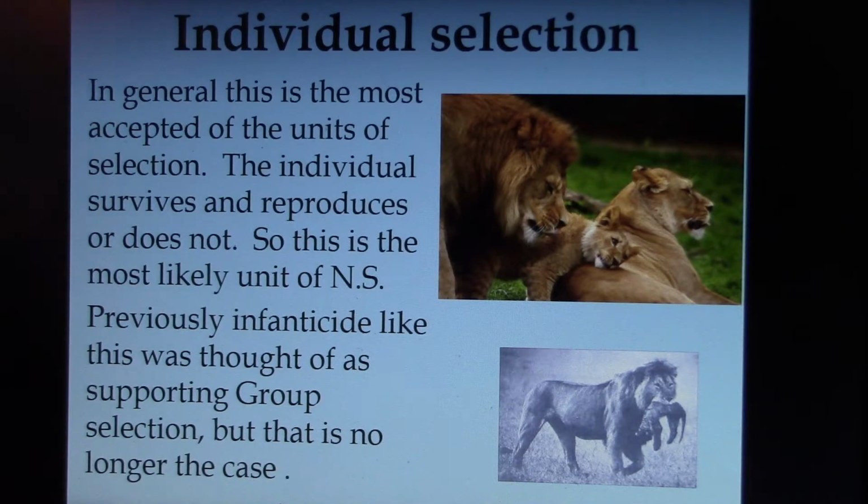There was a time when people looked at what's called infanticide, and this is an ugly picture, and I'll try not to stay on this slide too long, but it's a male lion carrying a lion cub that he's killed. And they looked at this infanticide in these groups of animals and said, hey, that's group selection. They're killing the babies that they have less input in so far.